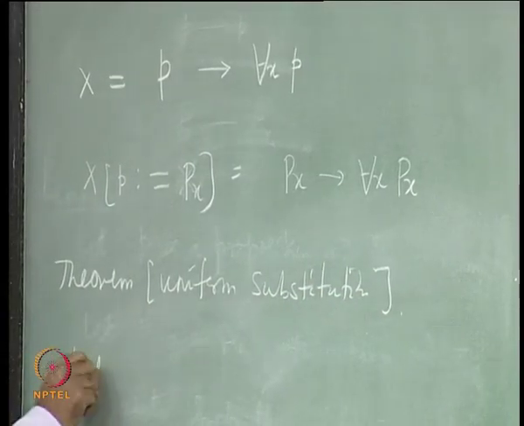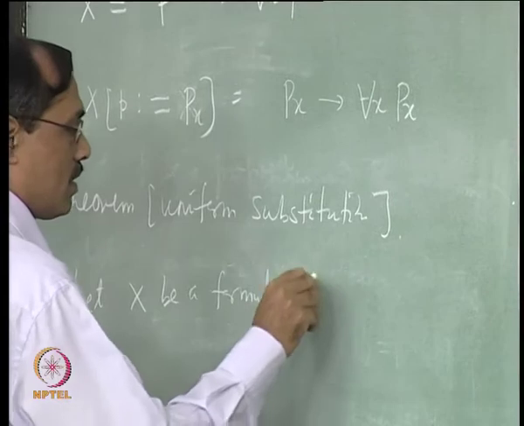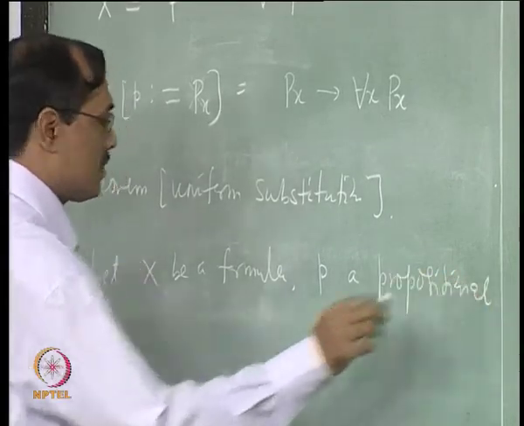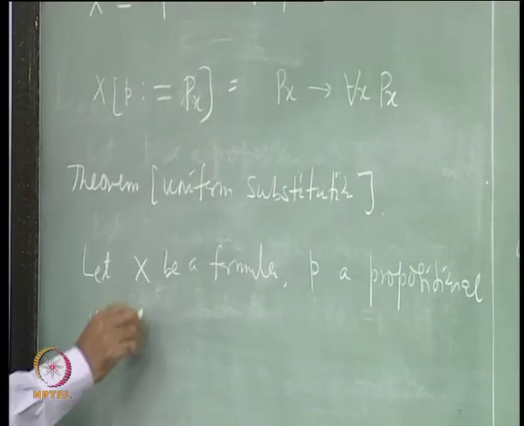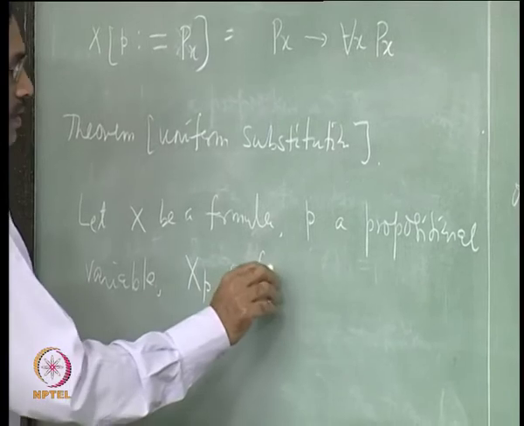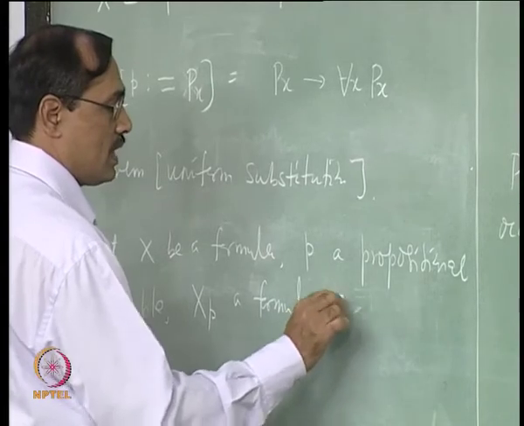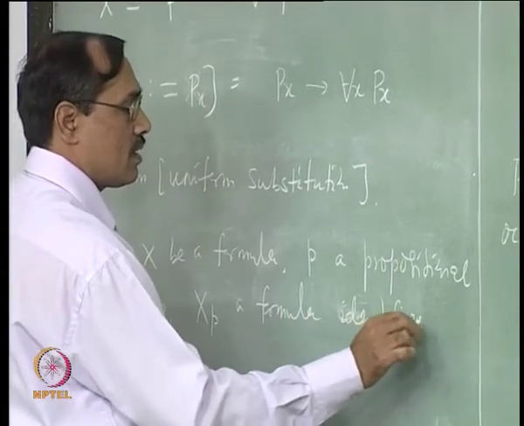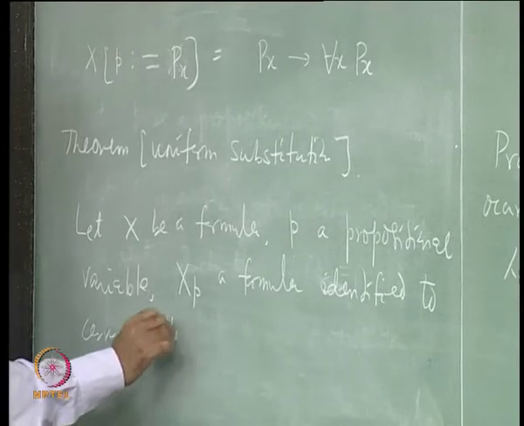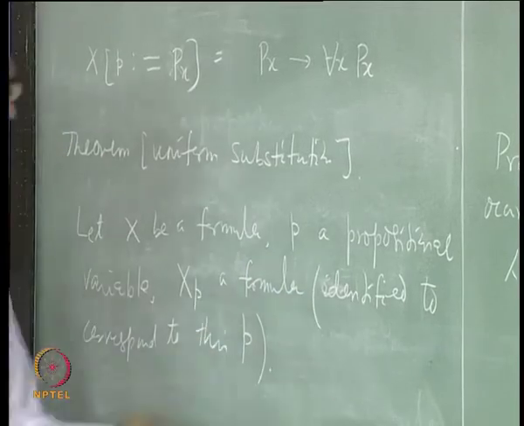We start with: let X be a formula, p a propositional variable, then X_p a formula corresponding to or identified to correspond to this p.